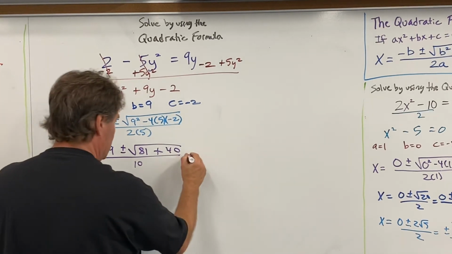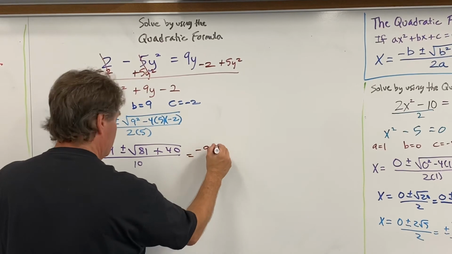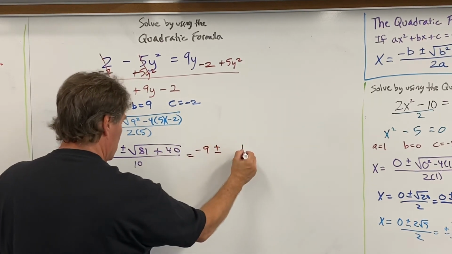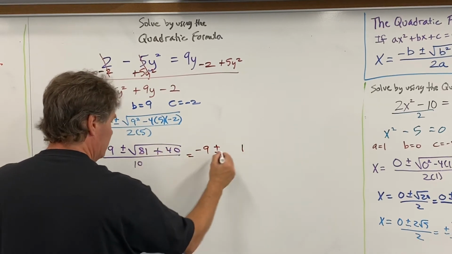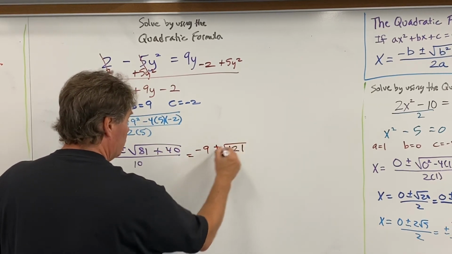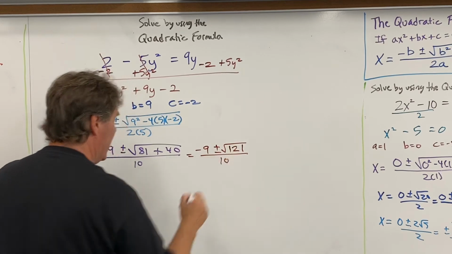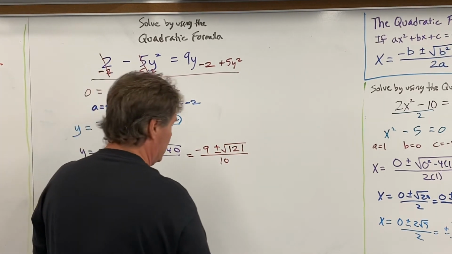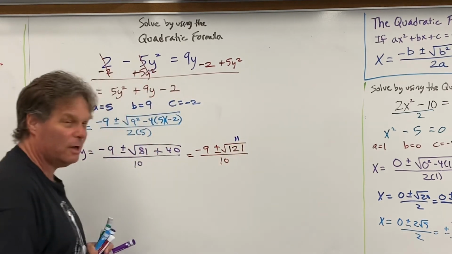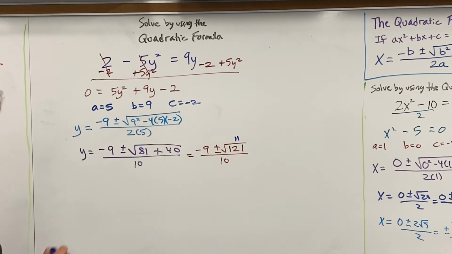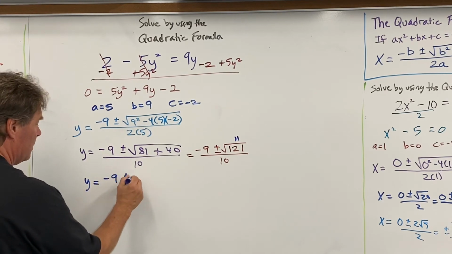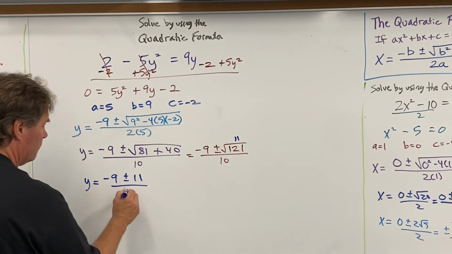That's going to give me -9 plus or minus, let's see, 121. Wait a minute, that rings a bell. The square root of 121 is 11. So y is -9 plus or minus 11, the whole thing over 10.